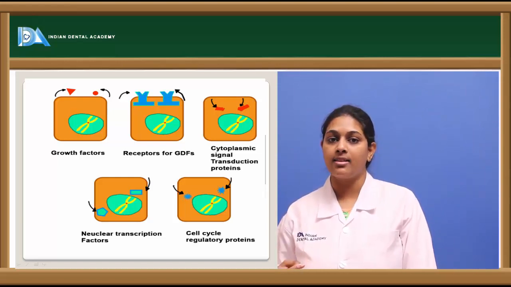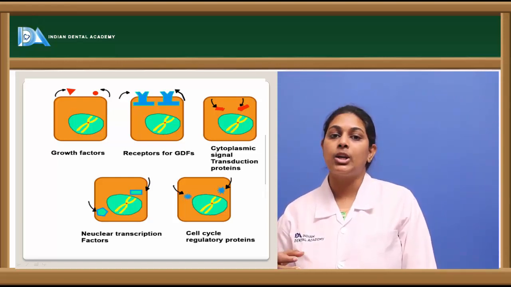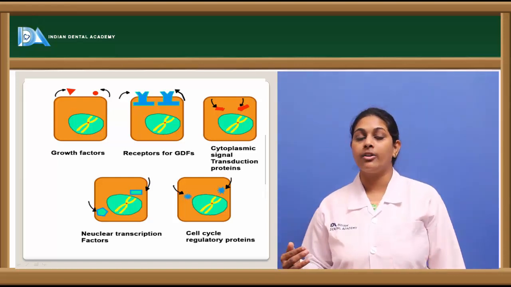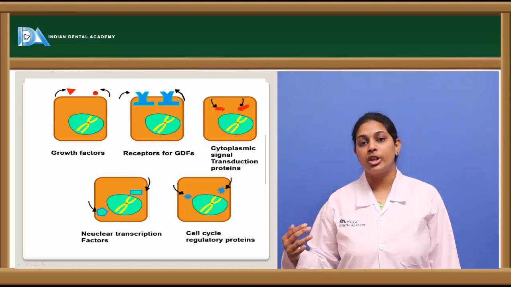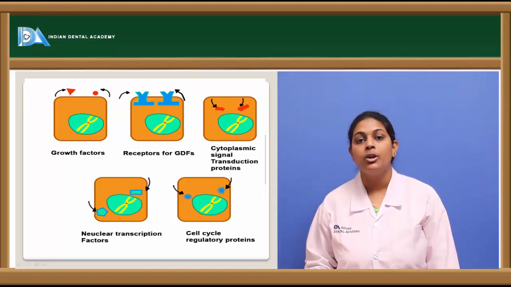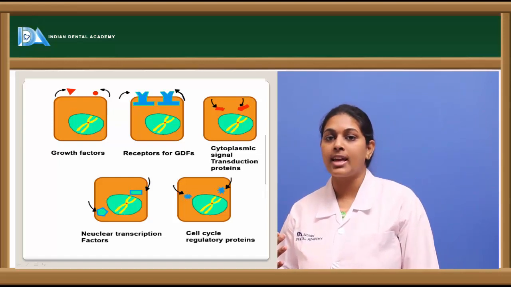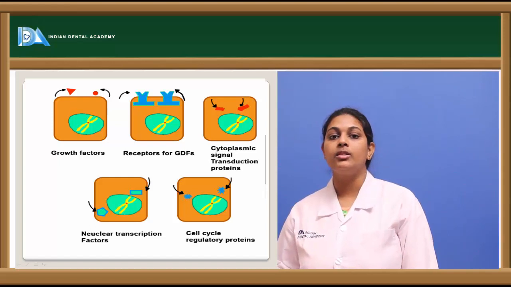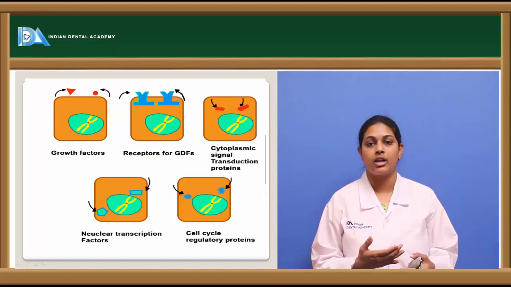These proteins carry this information from the cytoplasmic region to the nuclear region. To reach the nuclear region, it requires certain nuclear transcription proteins. From the nuclear transcription proteins, the signal has to reach the cell cycle for cell division to occur. So this is what happens in a normal signal transduction pathway.